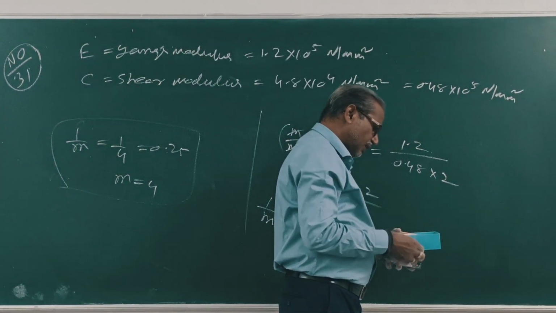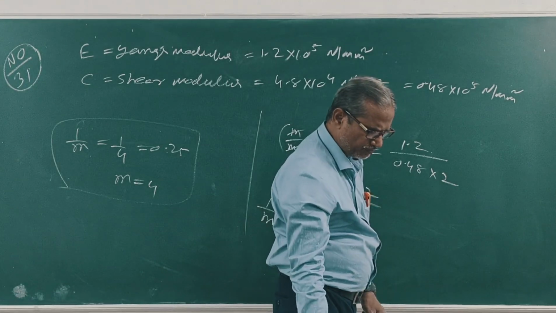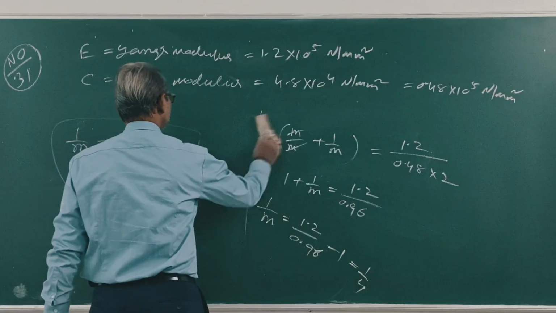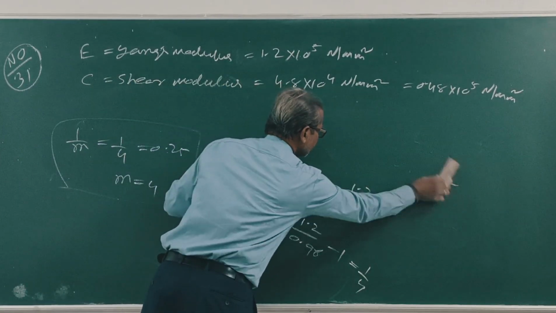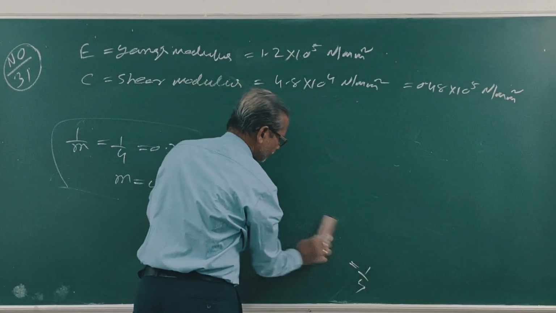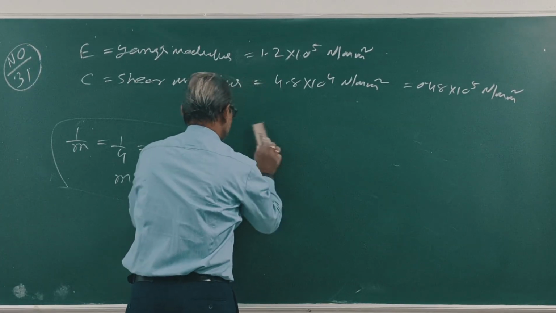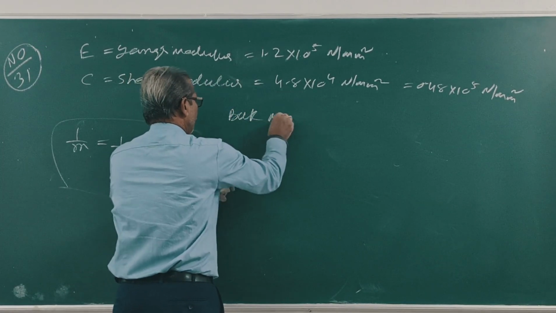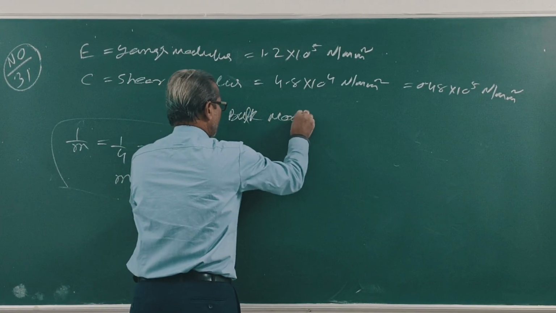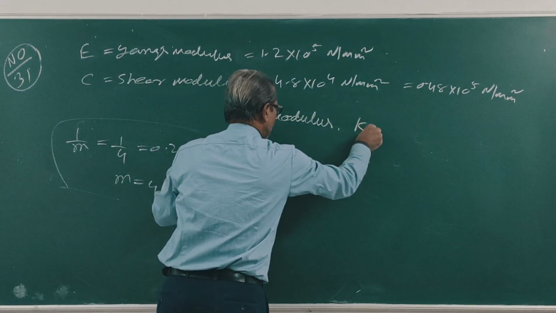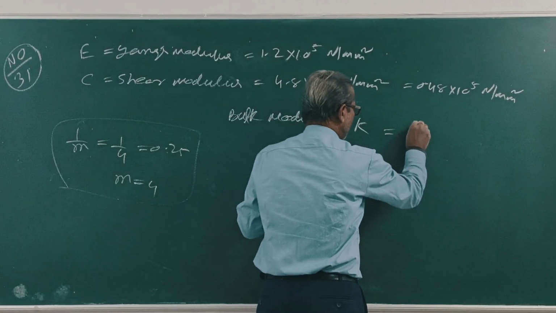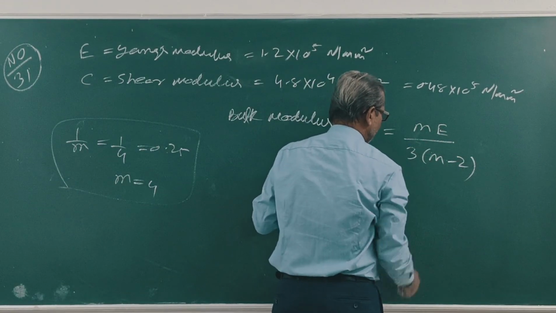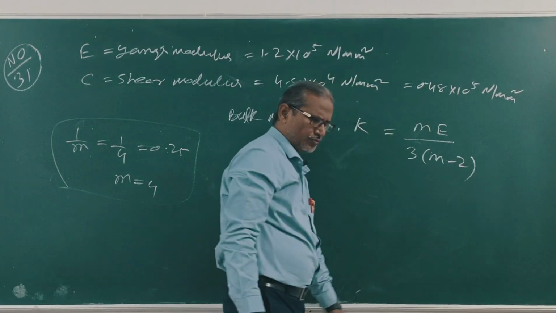Then bulk modulus K. K is equal to ME by 3 into M minus 2. Right?